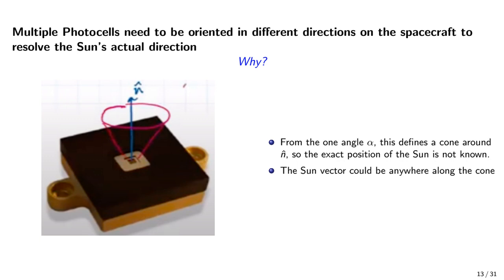Okay, and suppose we're using two photocells. In how many places or in how many lines will your photocell intersect?